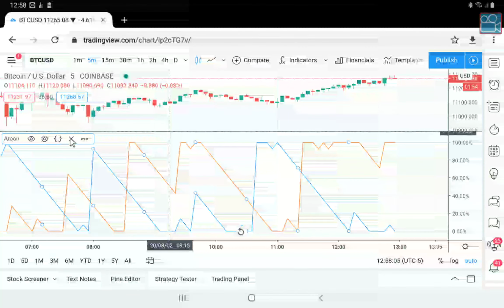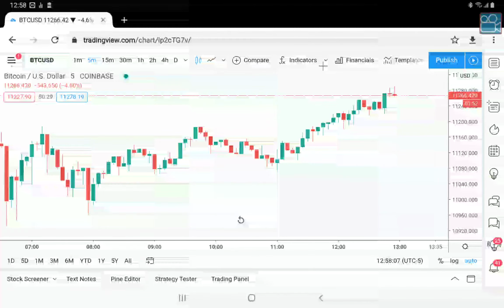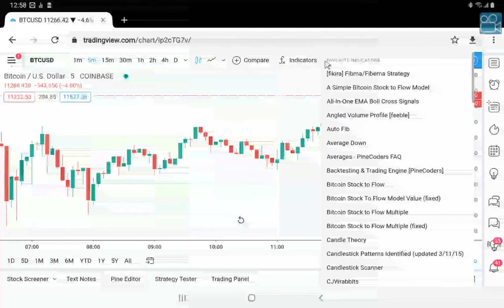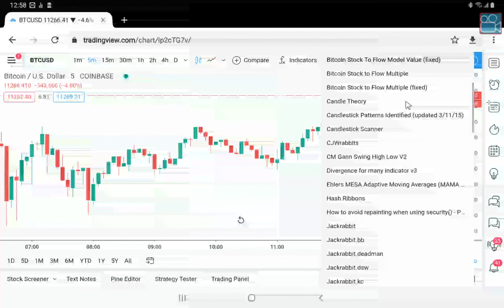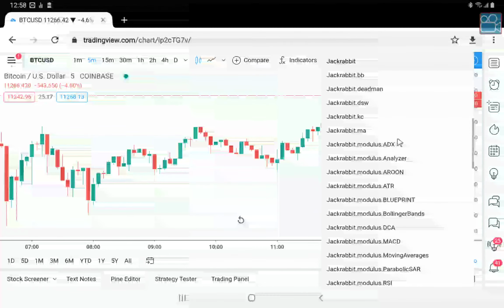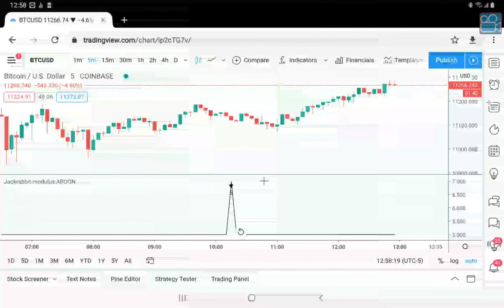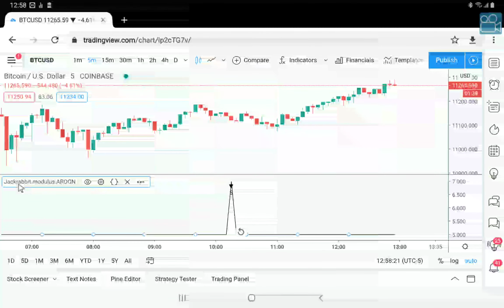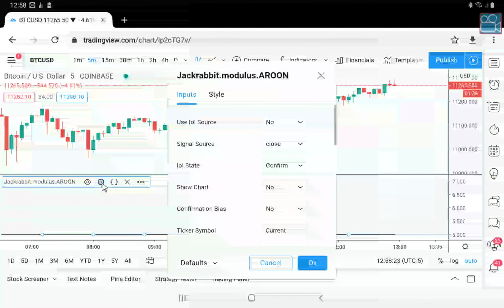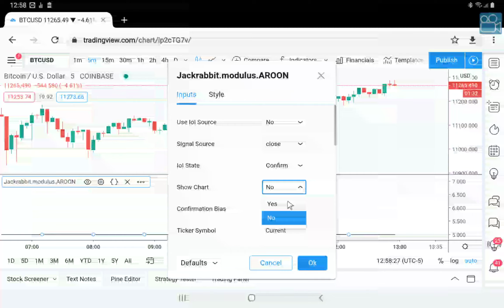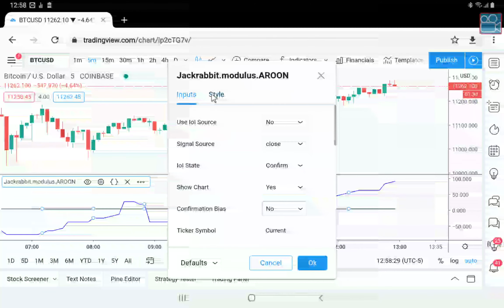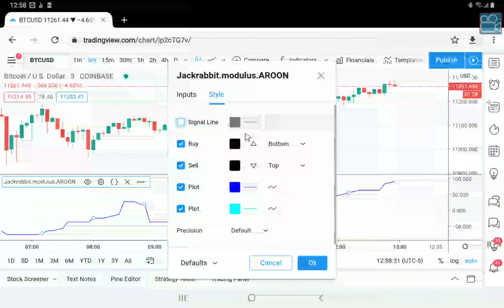So I came up with a different approach, and that is an AROON oscillator that takes the same information and applies it in a more uniform layer for automated trading. It's also a little bit easier visually to work with.